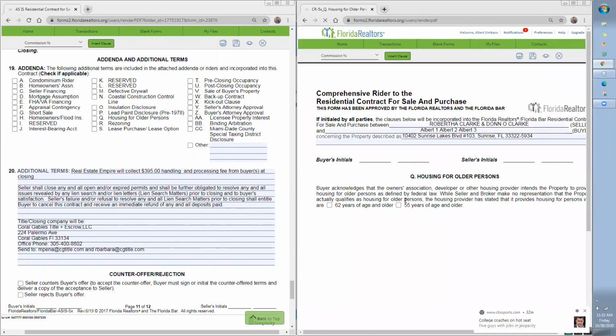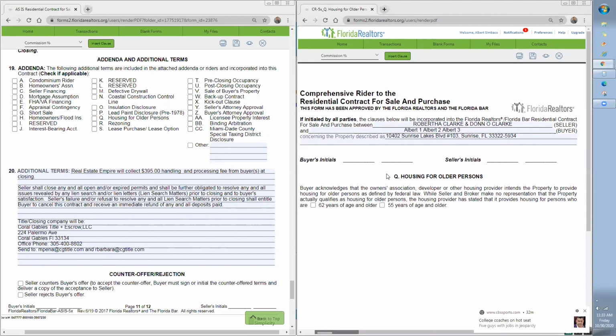And now this is going to tell you, it's just one paragraph, and it just says, the buyer acknowledges that the association is for housing for older persons, and that they understand that they are purchasing that property and need to follow the rules and regulations of that association that is only for older persons.